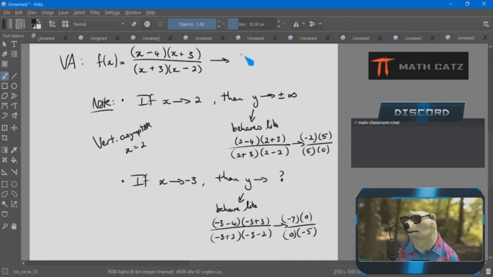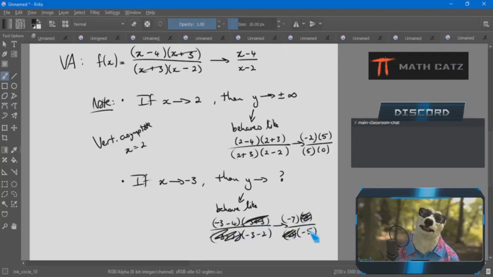If I plug this in, they're both getting small, and they're both staying small. And I can see that more easily if I see all these are common factors I can cancel. x minus 4 over x minus 2. And the behavior of the function is actually the same as the behavior of this simpler function. The simpler function doesn't have these issues of dividing by 0.